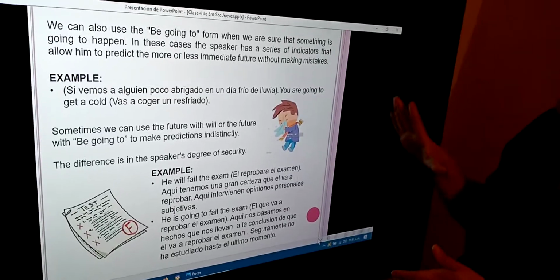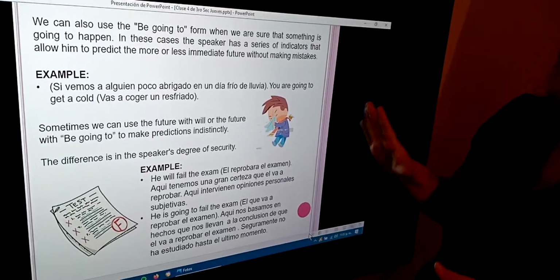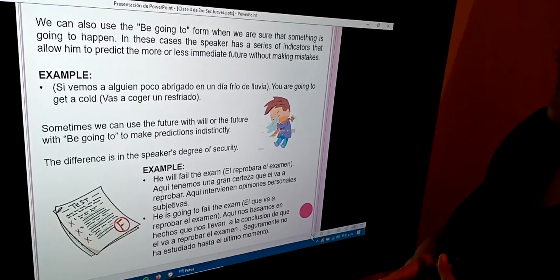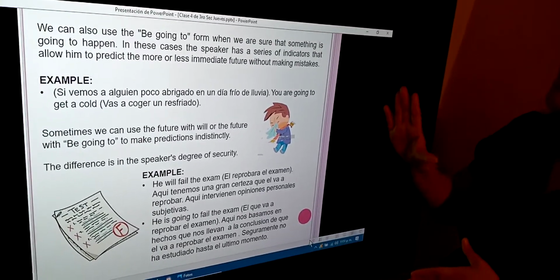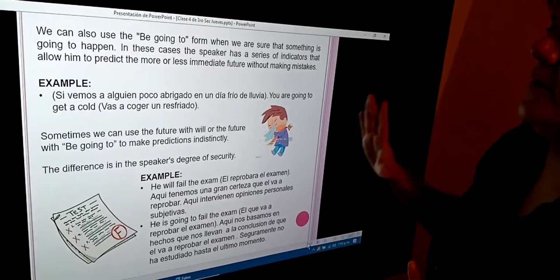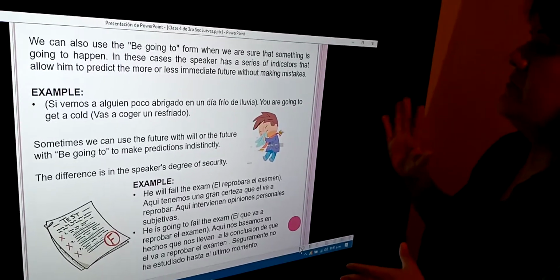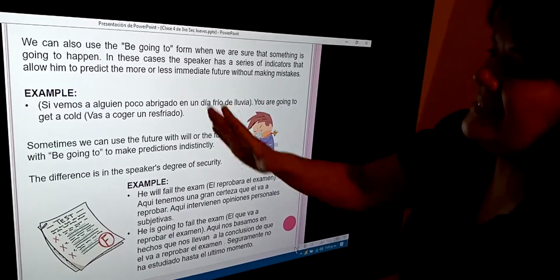Be going to is a form used when we are sure that something is going to happen. Let's see the example.